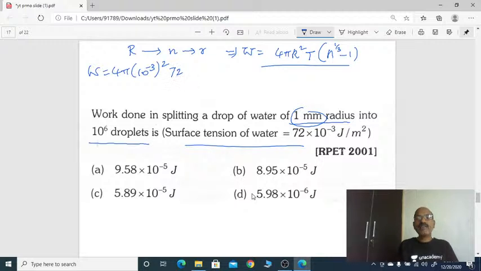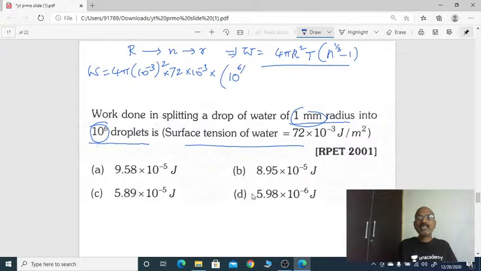Surface tension is given already within the bracket, 72 into 10 power minus 3. Here 10 power 6 droplets is given, since I am splitting the heavier drop into 10 power 6 smaller drops, so n is 10 power 6.